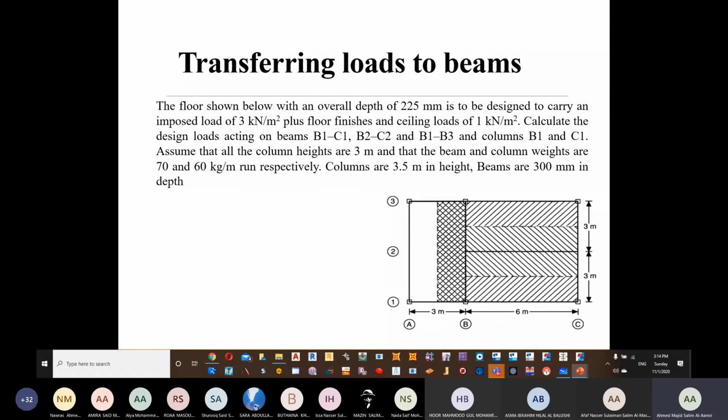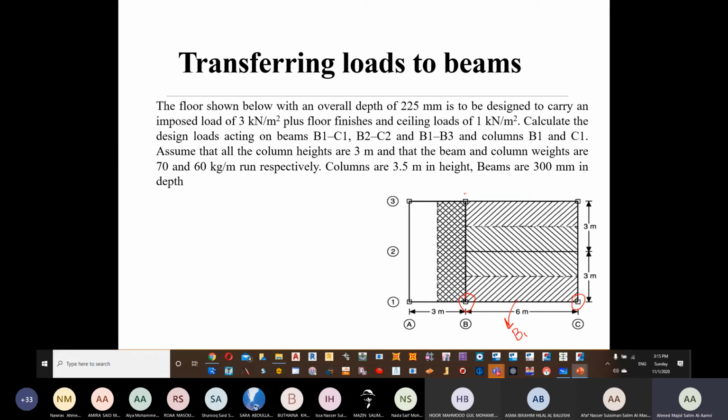Now it says the floor shown below with an overall depth of 225 is to be designed to carry an imposed load of 3 kilonewton per meter square plus floor finishes and ceiling load of 1 kilonewton per meter square. Calculate the design loads acting on beams B1, C1. So we are referring to B1 to C1. So we want to calculate this one first, beam number 1.